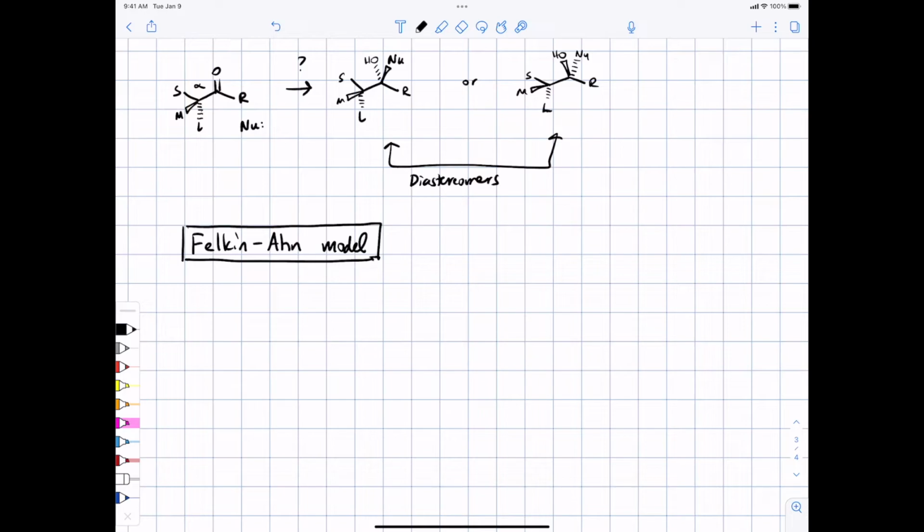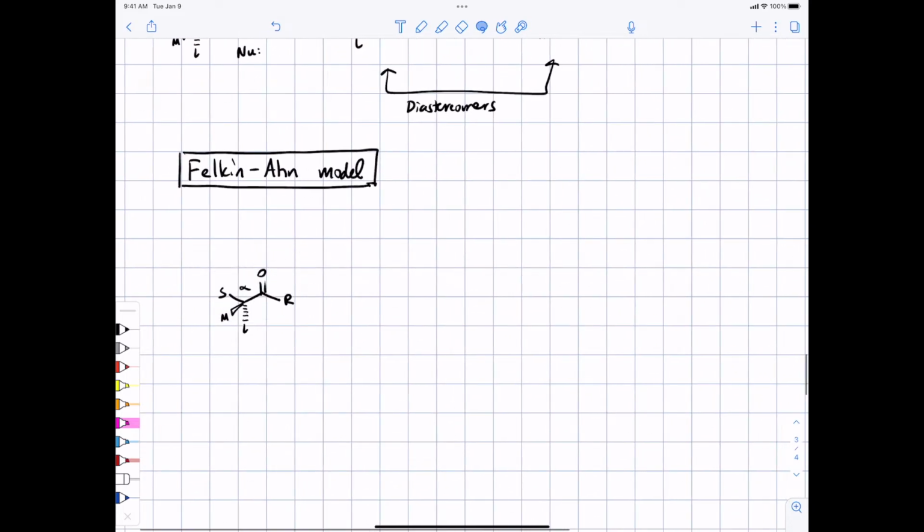Anyway, the idea is let's take the carbonyl compound and look at it from the perspective of this bond between carbonyl carbon and alpha carbon.